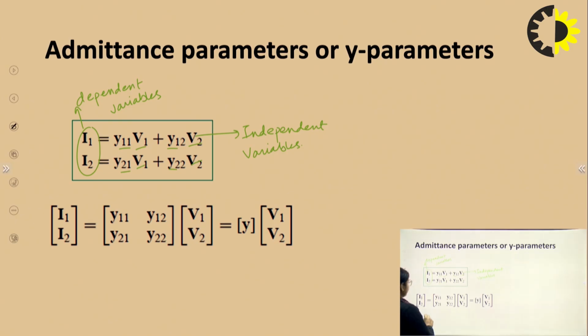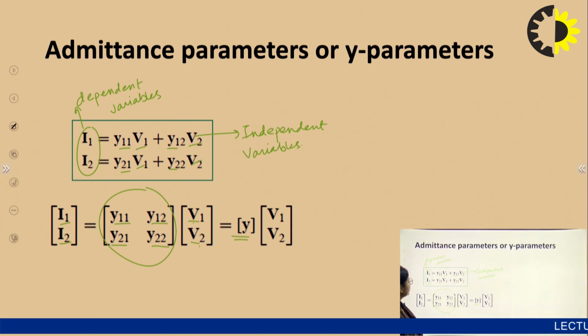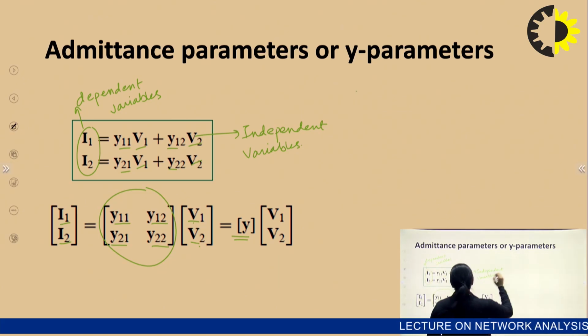Fine. So, these are the 4 Y parameters, which are admittance parameters, and in matrix form I can write I1 equals Y11 V1 plus Y12 V2, and I2 equals Y21 V1 plus Y22 V2, and this is the Y matrix, the admittance matrix. How can we calculate the values of these 4 Y parameters?